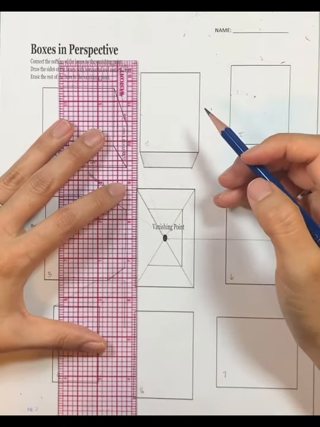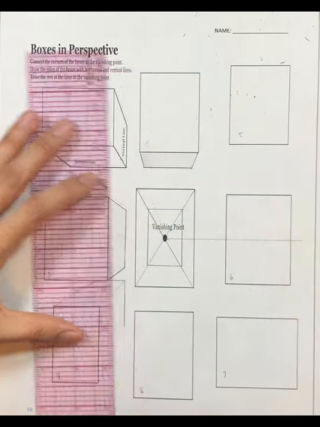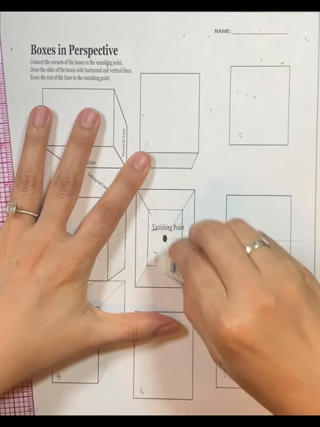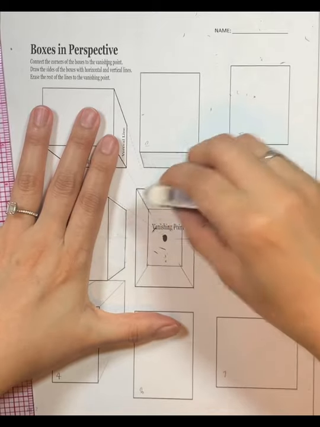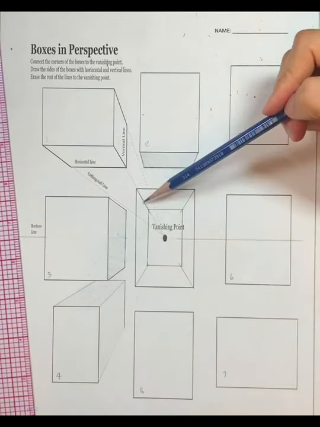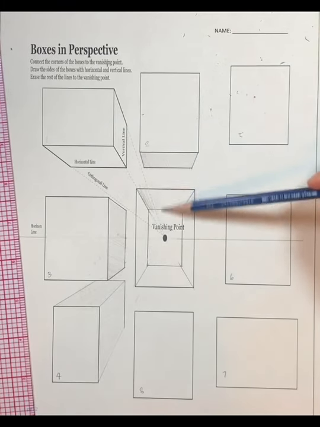And these two lines should line up pretty well. And I'm just going to erase those orthogonal guidelines. And there we have it. So this will be the inside of those boxes.